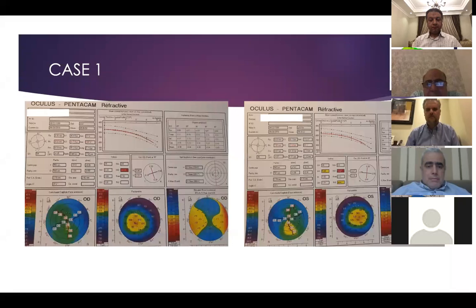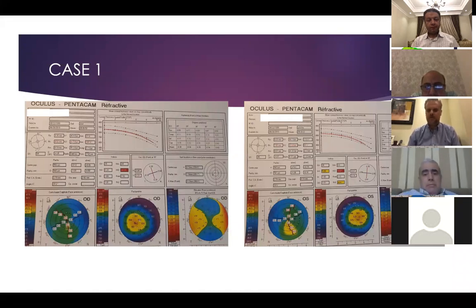How much is the astigmatism, Dr. Rifai? The topographic astigmatism is 1.7 in the right eye and 2.3 in the left eye. Yeah, I think with this skewing, it's significant skewing. For the left eye, I can see inferior steepening. Actually, I can't read the numbers well because they are very small.